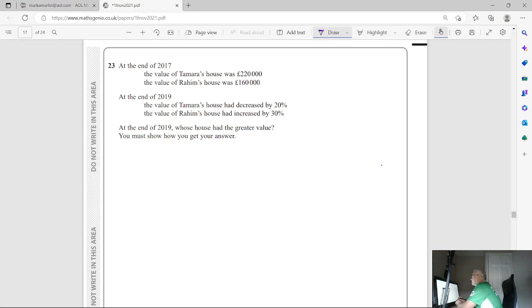Try and make sense of what each line is telling you by listing it down, so it's a logical reasoning for the examiner. So at the end of 2017, Tamara's house was worth £220,000. Rahim's house was worth £160,000. Okay, so we've got that information down.